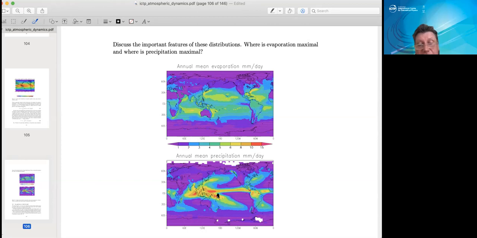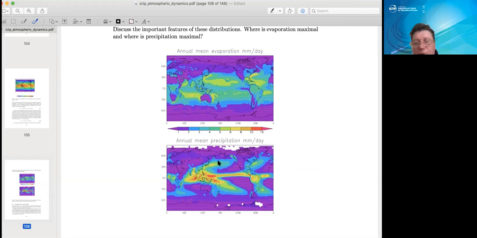Now, as you already know, those regions where we have a lot of evaporation do not coincide directly with regions where we have most of the rainfall, which is shown in the figure here. Again, it is an annual mean, long-term average picture. That can be analyzed in much more detail for whatever case study you want to do, but this is just the overall picture.